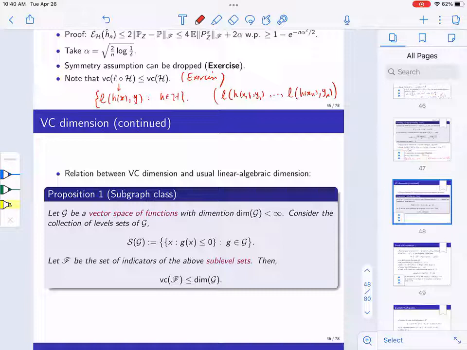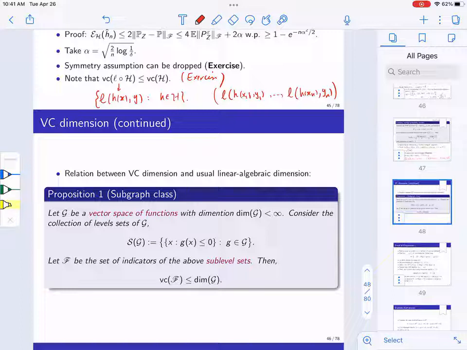Let's say the dimension is finite. Then consider all the sublevel sets of G from this class. So as I vary G in this class, these are sublevel sets. The sublevel sets define a collection of sets, and we can define VC dimension for classes of sets. There's an equivalence between functions, indicator functions, and sets.